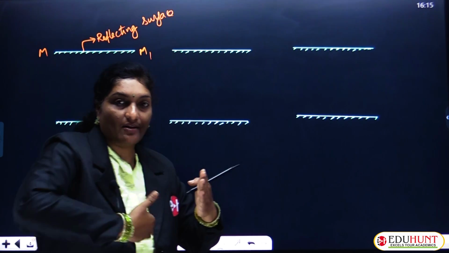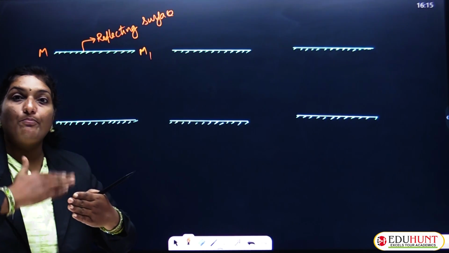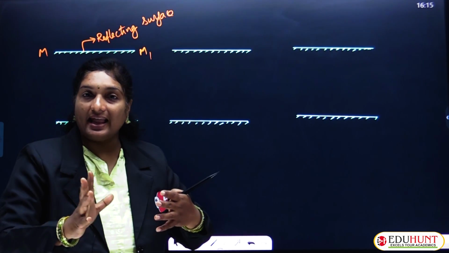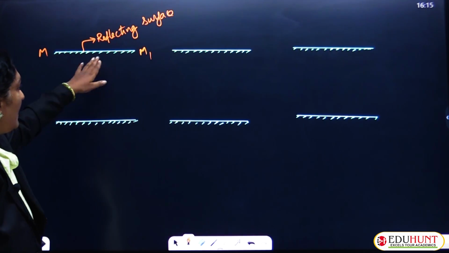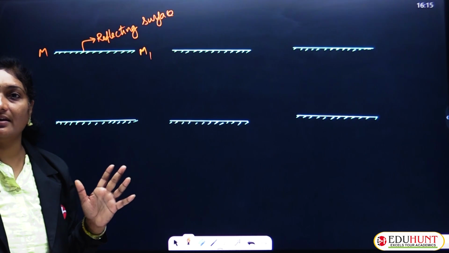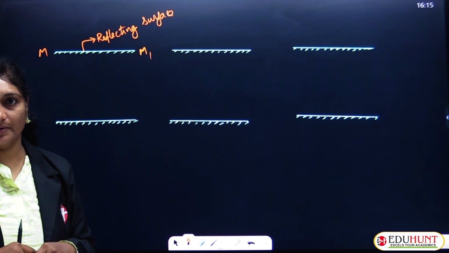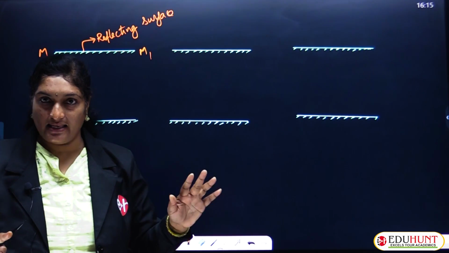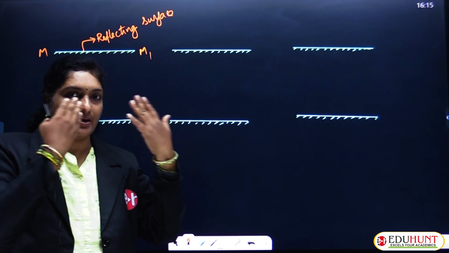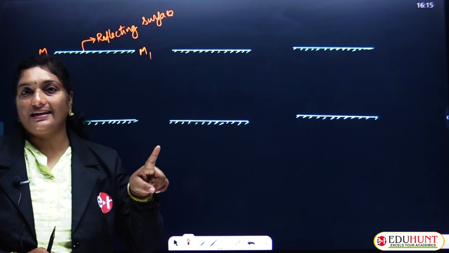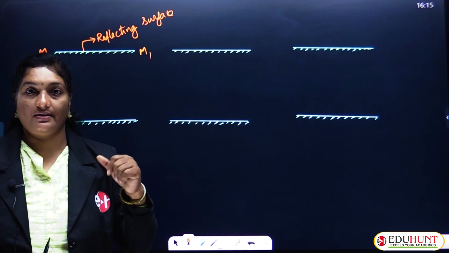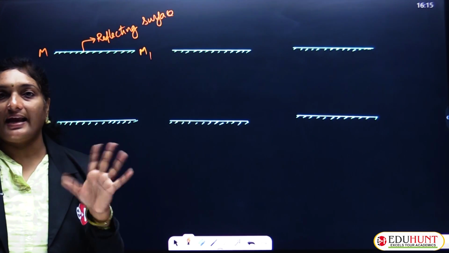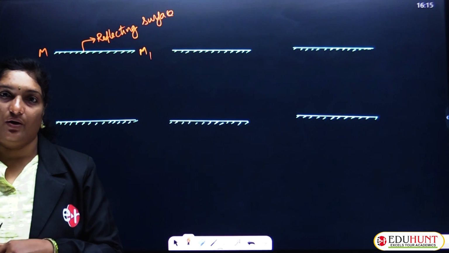The other side of the mirror, which is coated, simply called a silver lining, will not reflect the light falling on it. Only the plain side, in which we are able to look at our faces, is called the reflecting surface. The back portion, coated with silver, will not reflect any light falling on it.